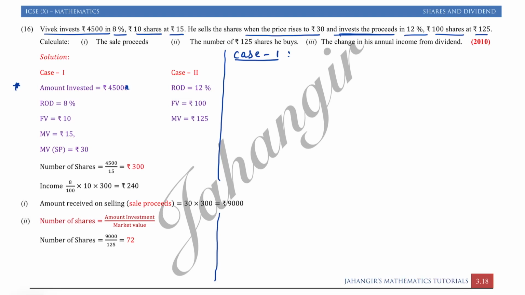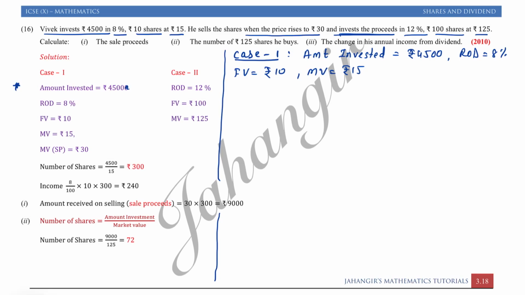In case 1, first we will write the amount invested is rupees 4500, whose ROD is 8%, face value is rupees 10 and market value is rupees 15.